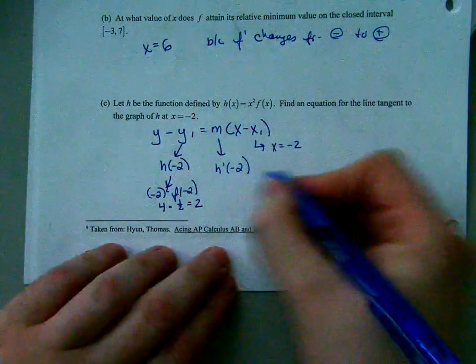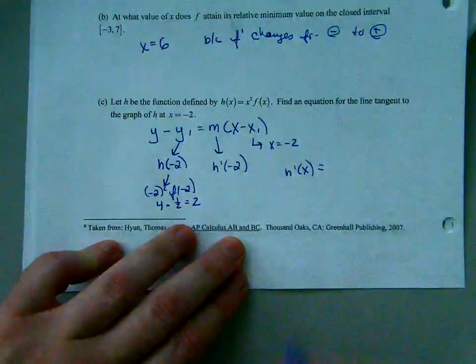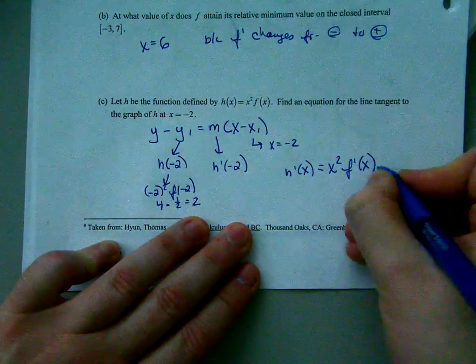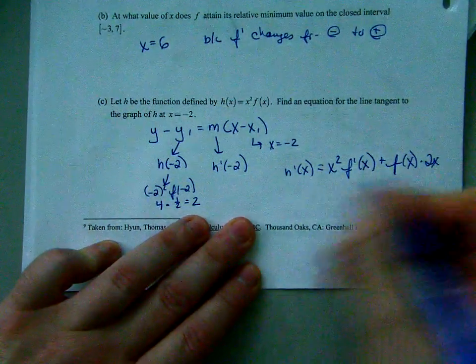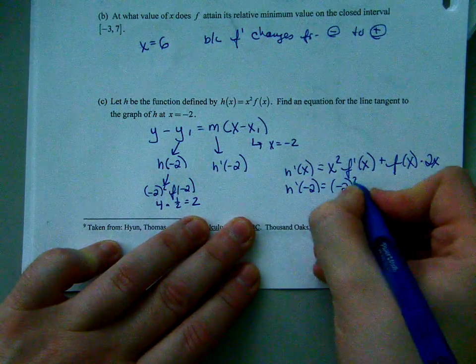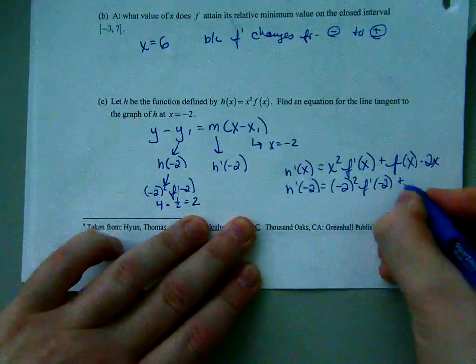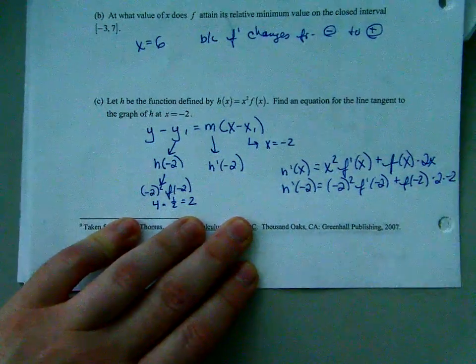As for h prime of -2, I need to go calculate my h prime of x. I need to go use the product rule. First, x squared times derivative of the second, f prime of x, plus second, f of x times derivative of the first, 2x. H prime of -2 equals -2 squared times f prime of -2 plus, I'll keep going in this order, f of -2 times 2 times -2.